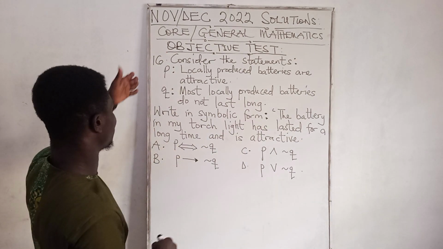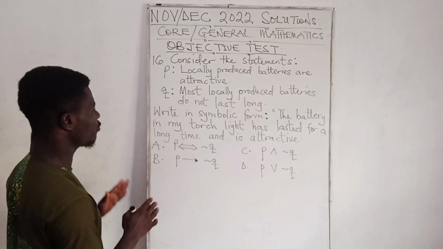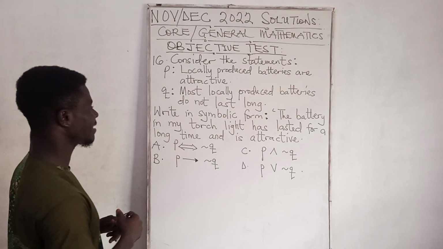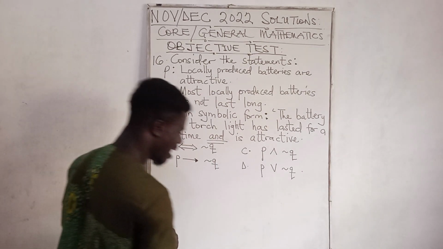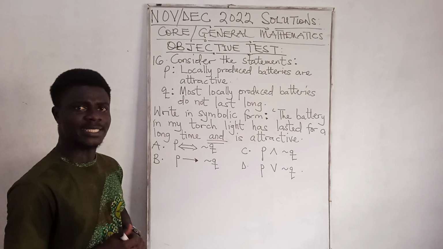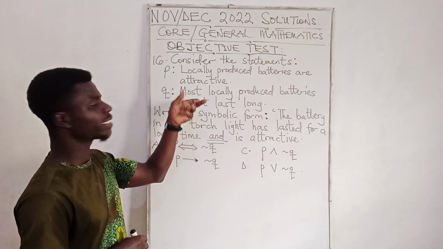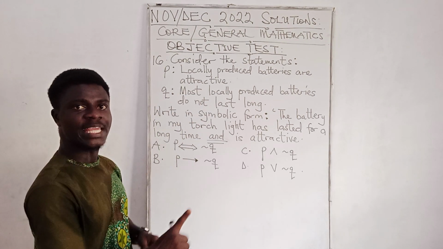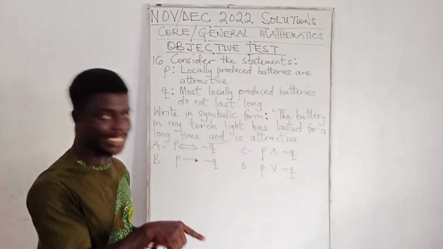Okay, so now, let's see this statement. They've given us statement P, then statement Q. Then we have another statement here: the battery in my torchlight has lasted for a long time and is attractive. So it means that we have a conjunction here. They've combined the two statements, P and Q, to form one single statement.